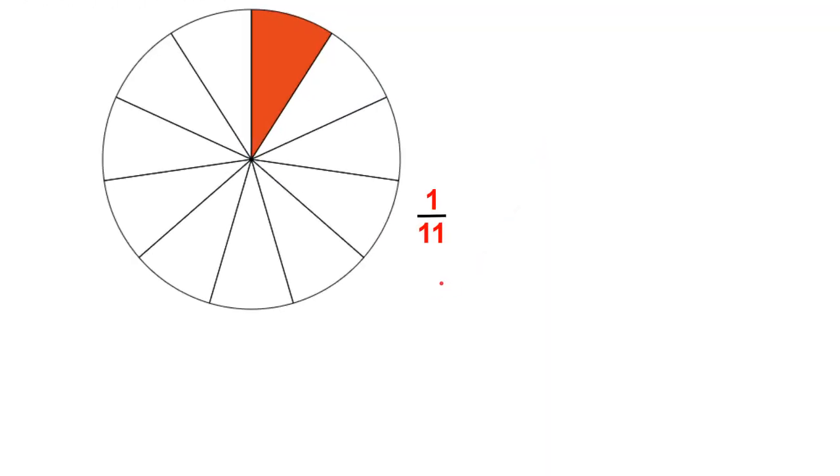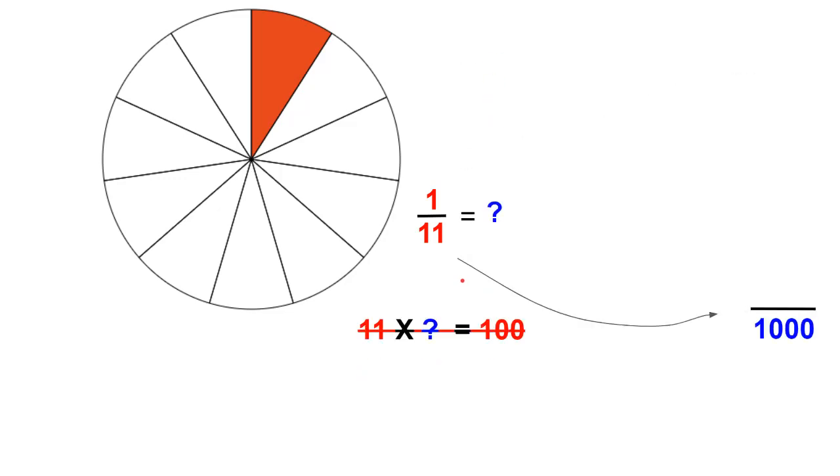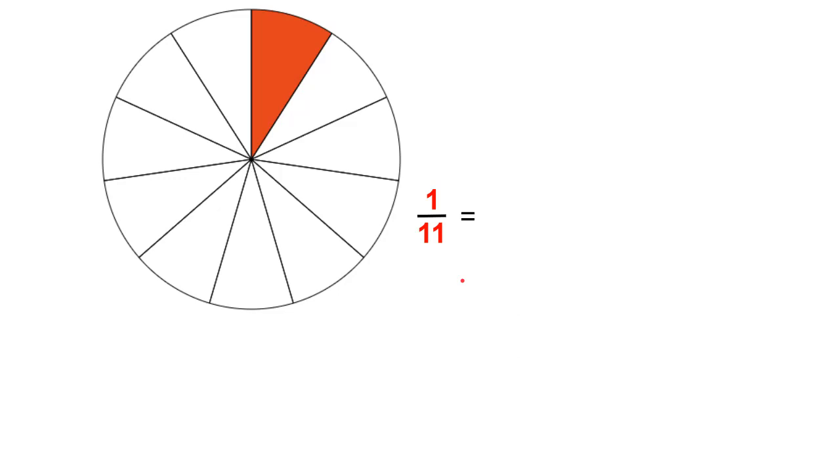1 over 11. What do we do with this? We'll skip this one as well. We know that they cannot be divided by 11. So we use long division, 0 point something. 10 still cannot be divided by 11, so we add another 0 here. And we change this to 100, which can be divided by 11.